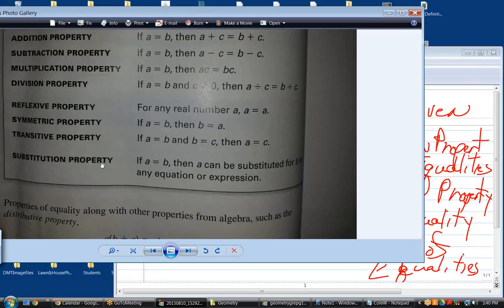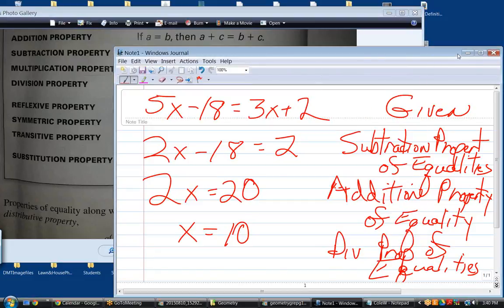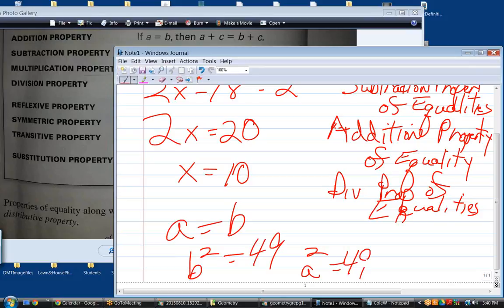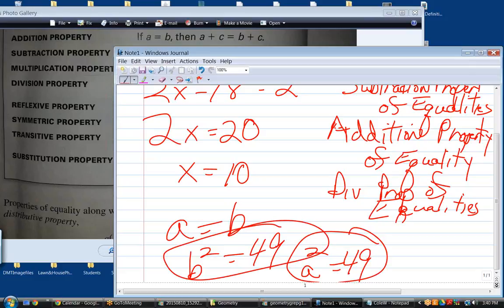And that substitution property says if A is equal to B, then A can be substituted for B in any equation or expression. In other words, if I say A is equal to B and B squared equals 49, then I can say, well, A squared equals 49. In other words, I can substitute A for B in any equation.